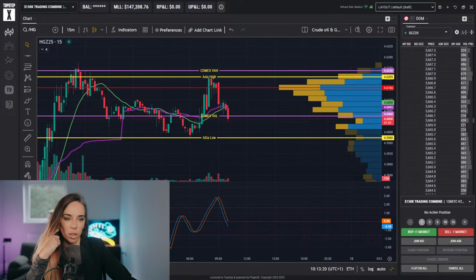So that means it's pretty quiet. And the volumes are so low that I can't even see them.